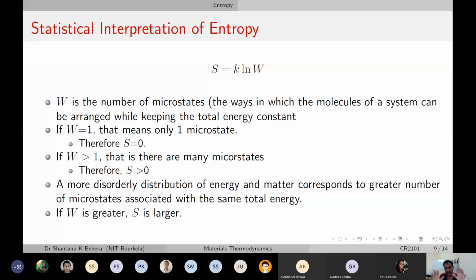This approach of understanding entropy is called statistical mechanics, or statistical physics. We are not going to go much deeper into that, but it's very useful to keep this formula in mind. It explains many things in a very simplistic manner.